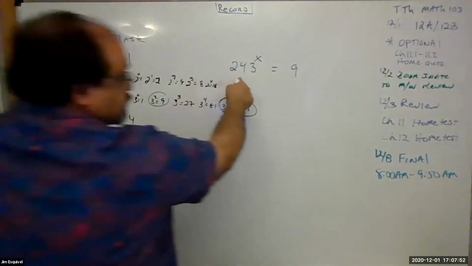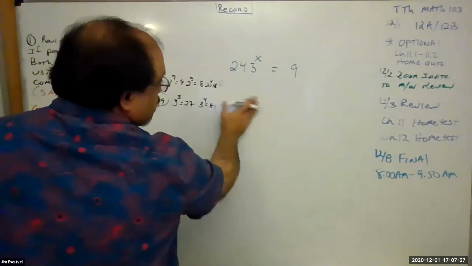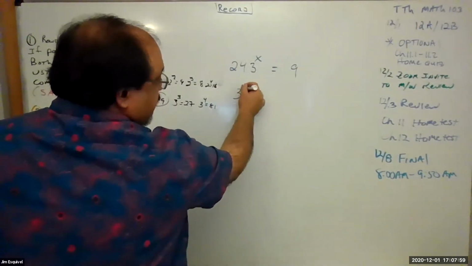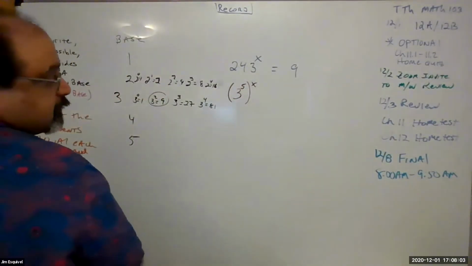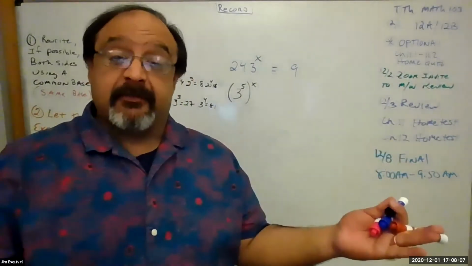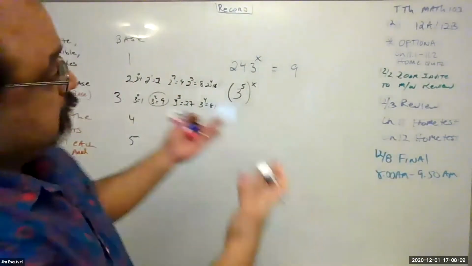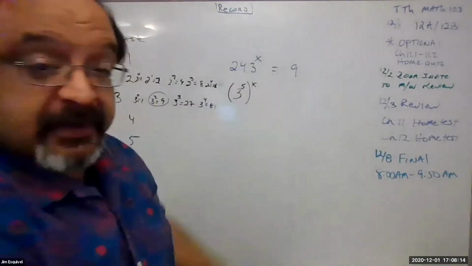So this is, making some room, 3 to the fifth to the x, which you guys should be pros at because that's how a lot of you were doing your rational exponents. You were converting it into these things.